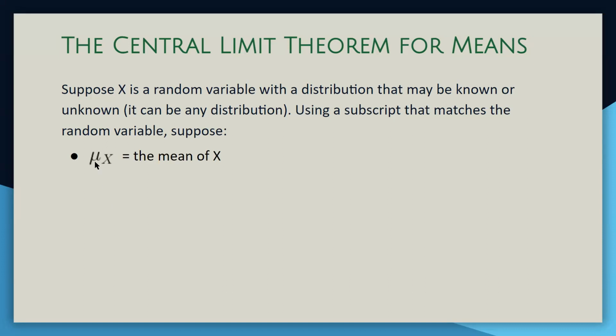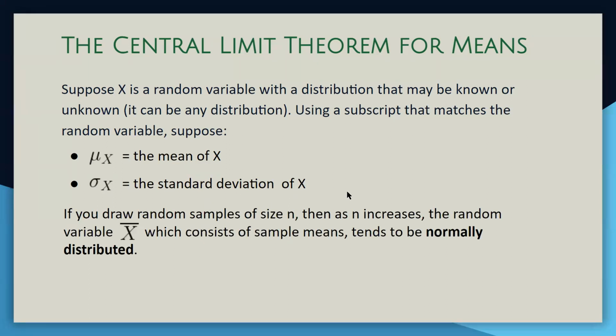So we're going to suppose that mu sub X is the mean of X and sigma sub X is the standard deviation of X. So when we see mu sub X and sigma sub X, we're assuming that that is for raw data, a collection of individual data values.